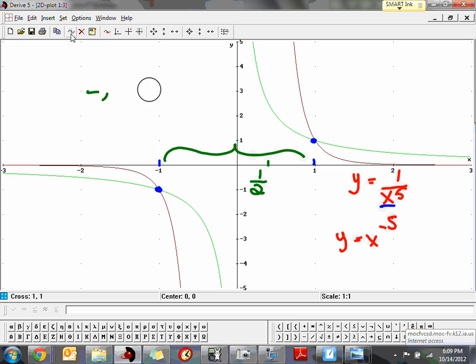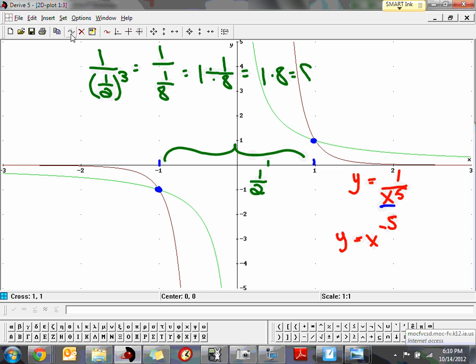Let me try that again because I have a reciprocal function. It's 1 over (1/2) raised to the third power, which is 1 over 1/8, which is equivalent to 1 divided by 1/8, which is equivalent to 1 times 8, which is 8.